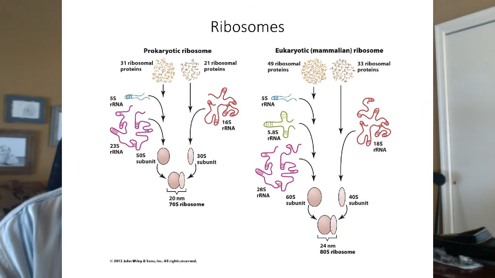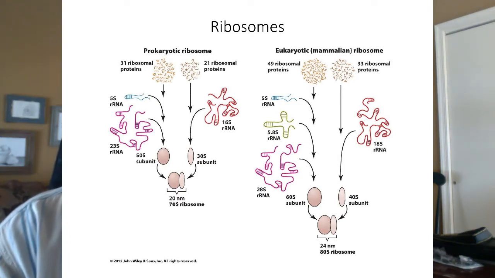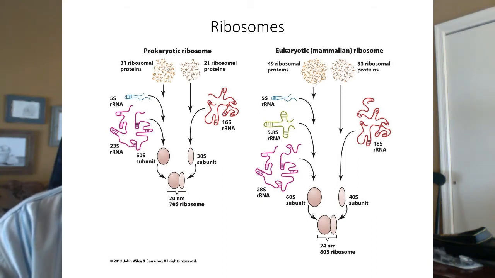These subunits are made up of proteins and a couple of different types of ribosomal RNA. They bind together when they are assembled completely, and you'll see the assembly in a couple of videos shortly, which will come after this one, and you can see it creates an overall size of about a 70S ribosome.